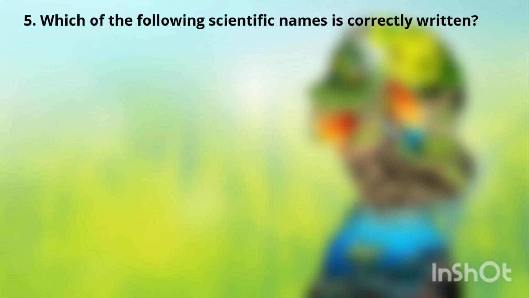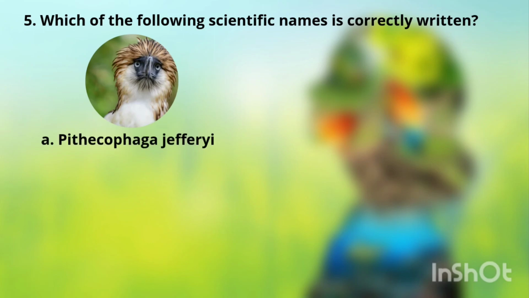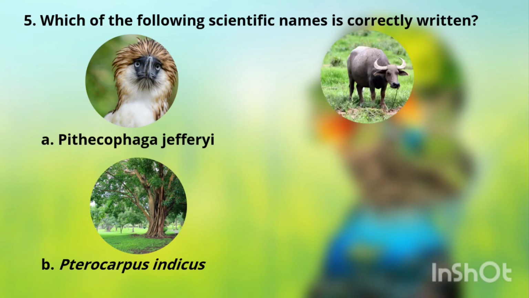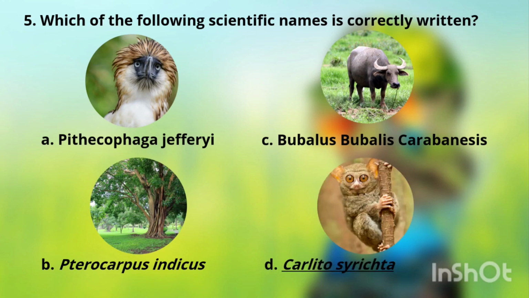And number 5, which of the following scientific names is correctly written? A. We have the Philippine eagle. B. We have the Nara. C. We have the Carabao. And letter D. We have the Tarsier.